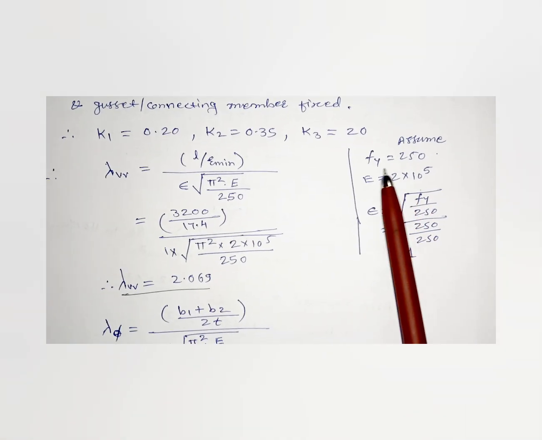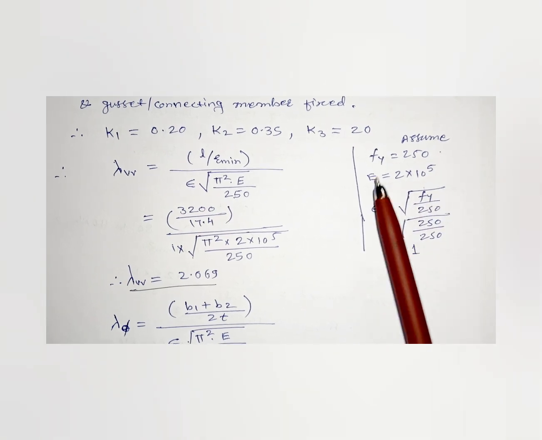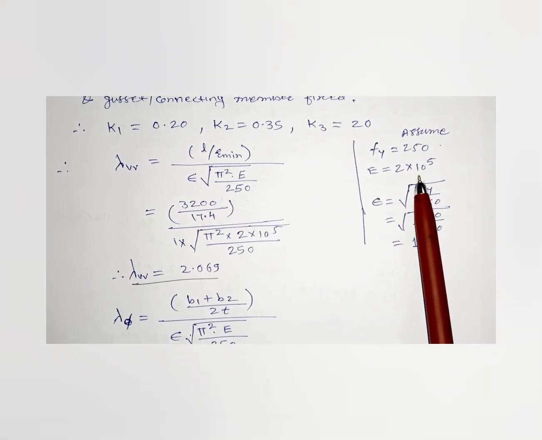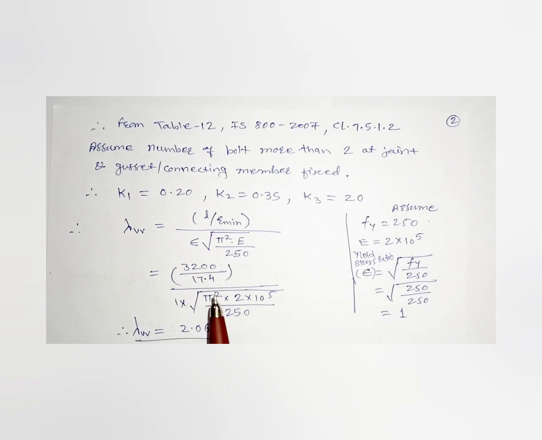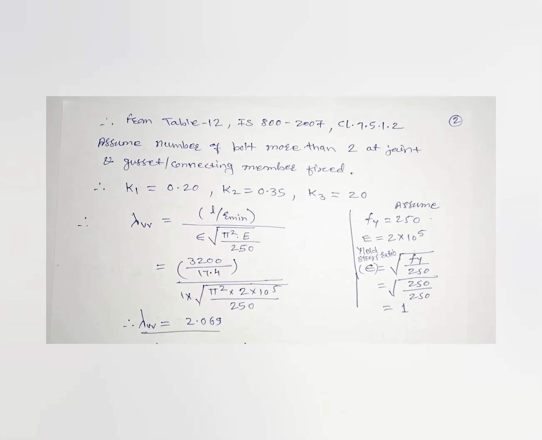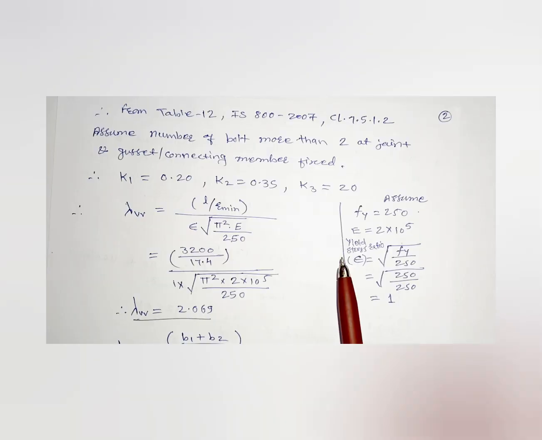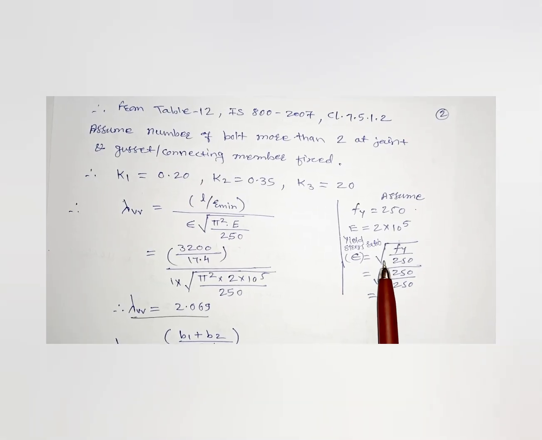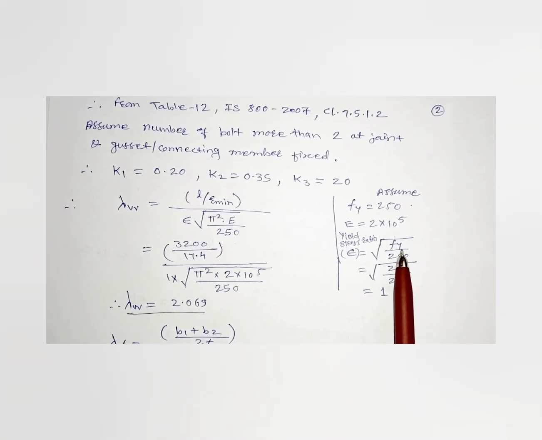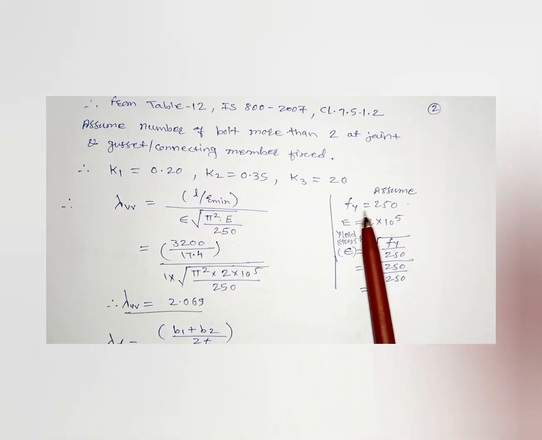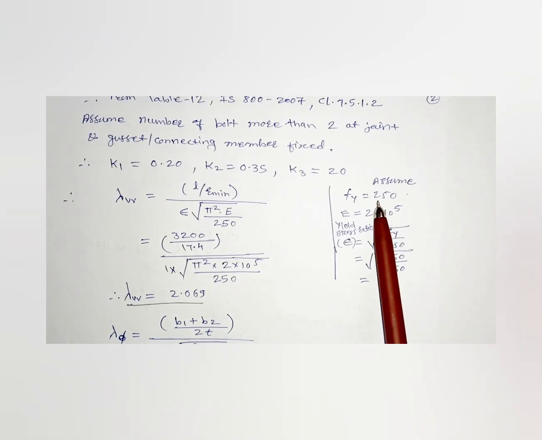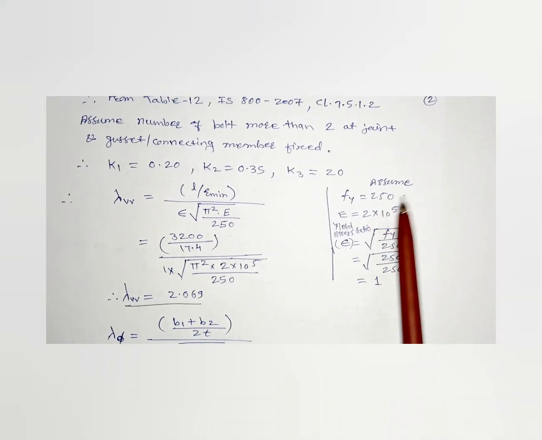For this we are assuming yield stress that is 250 and Young's modulus 2 into 10 raised to 5. So with this formula we can calculate the effective non-dimensional slenderness ratio. For the yield stress ratio epsilon we can determine through under root of 250 upon fy, and we are assuming the yield stress for the given section is 250.